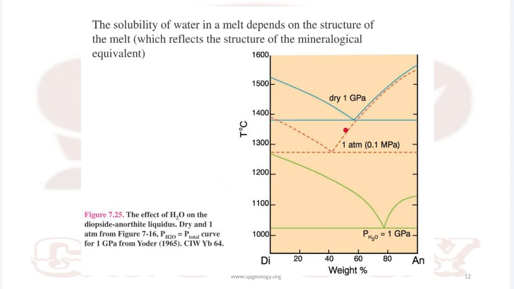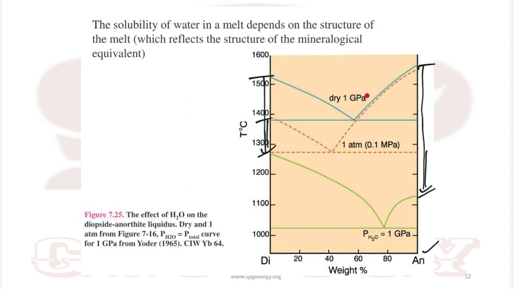So if you add water, then the melting temperature will decrease. Here there is the reverse thing. The component which responds more to the water content will have its melting temperature decrease more. In this case, the melting temperature of anorthite will decrease more than diopside. So the eutectic composition will shift towards the component which is responding more to the water.